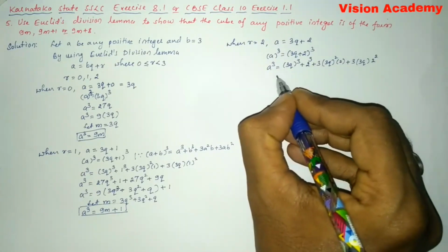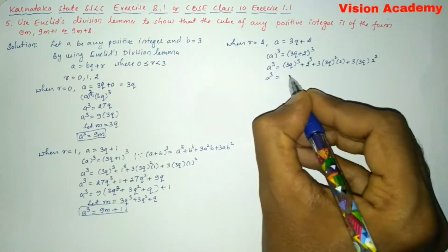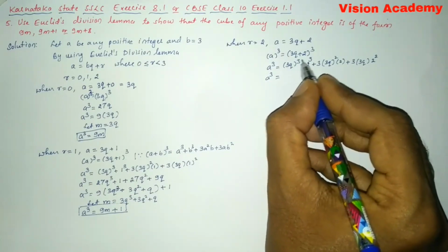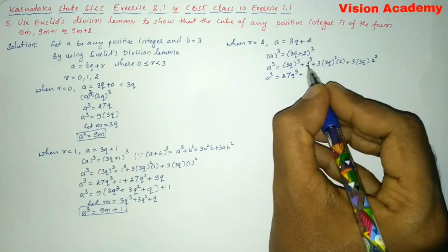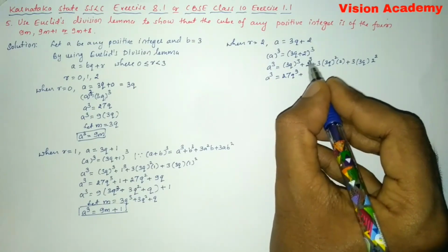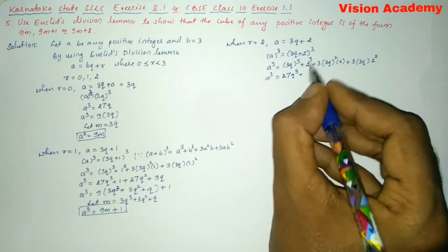Here let us further simplify this one. A cube is equal to 3 3s are 9, 9 3s are 27 q cube plus 2 to the power 3 is 2 2s are 4, 4 2s are 8. So 2 is to be multiplied thrice.